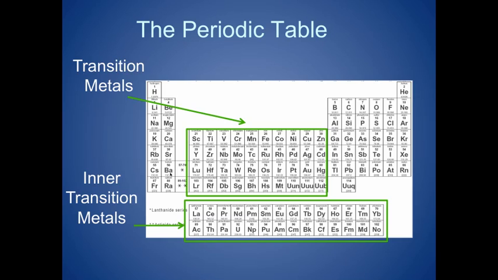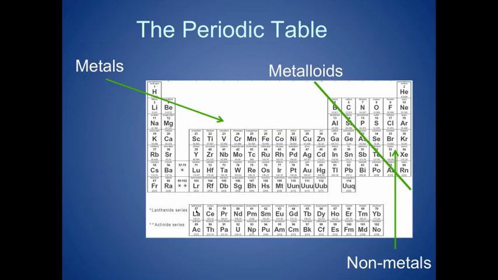They're just tucked in right here between barium here and lutetium here, and then you've got radium and lawrencium here. They're tucked in between. The reason for that, I think, is really just a printing issue because the periodic table would be pretty long otherwise. So yes, transition metals and then inner transition metals.